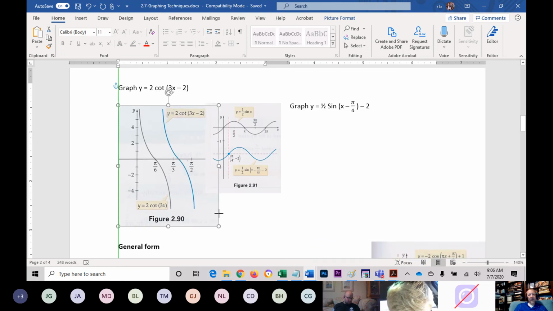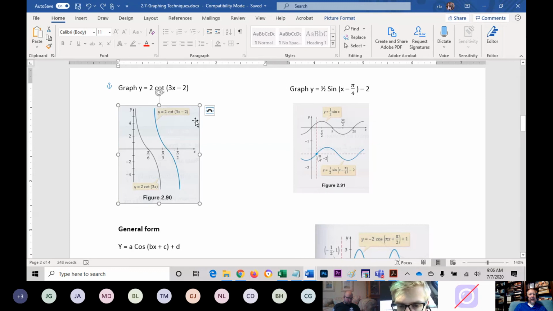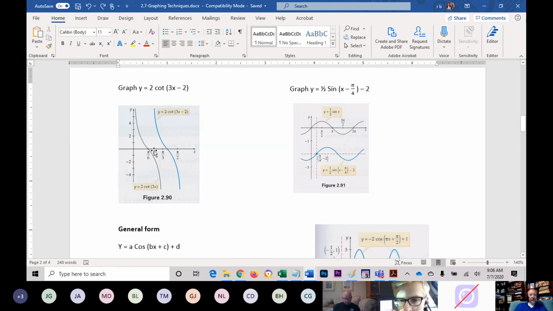I'm trying to make this a little bit bigger. Number one, they didn't draw in the asymptotes here for the cotangent, which I guess is okay, but they've shifted it 2 units to the right, and it's hard for me to tell what that value is.